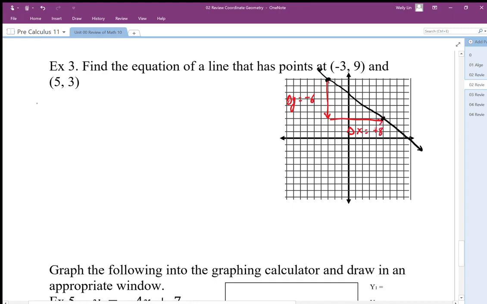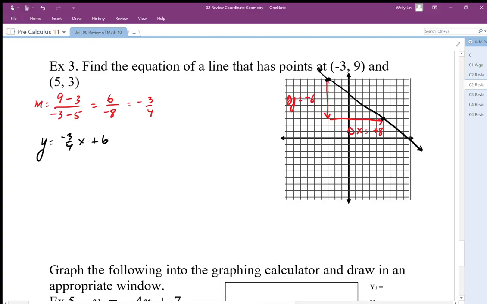If I want to use a formula, I can use y2 minus y1 over x2 minus x1. I end up with 6 over -8. In either case, I get a negative slope, -3/4.